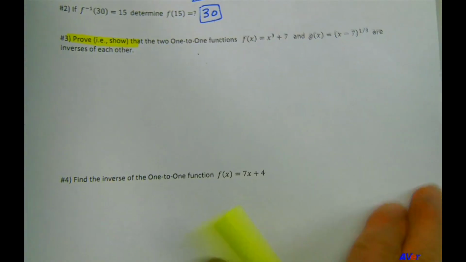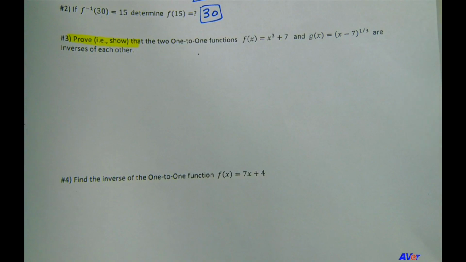So let's do that here. Can you do that? If you've been reviewing, as I've asked you, you should have no trouble finding the composition of these two functions in both directions.